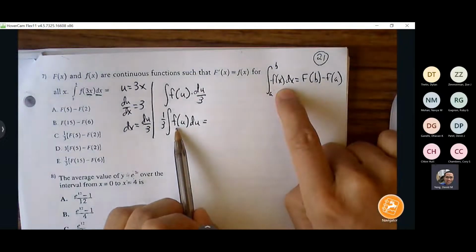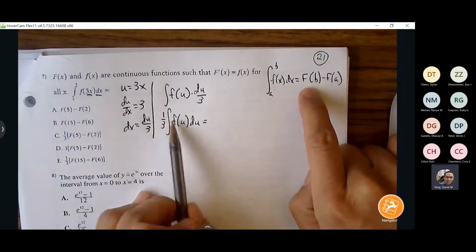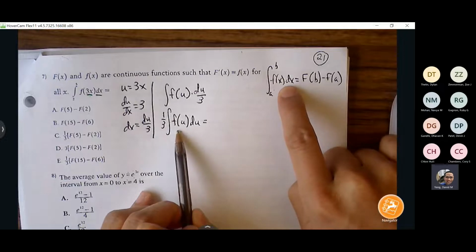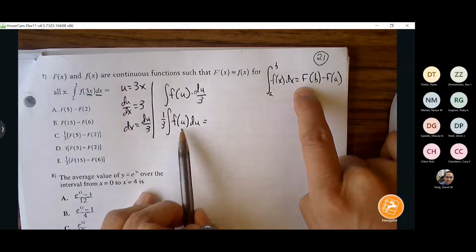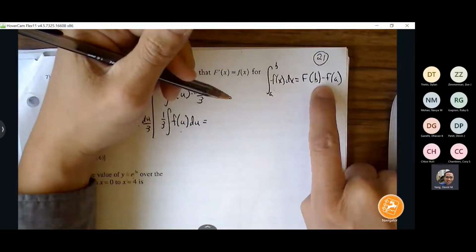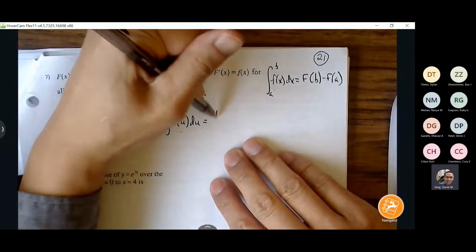Apply this formula here. So we kept track of our coefficient, which is 1/3. Now we're ready for our calculus. Lowercase f becomes uppercase F. But we're not going to deal with that b and a just yet. I want to take the antiderivative.